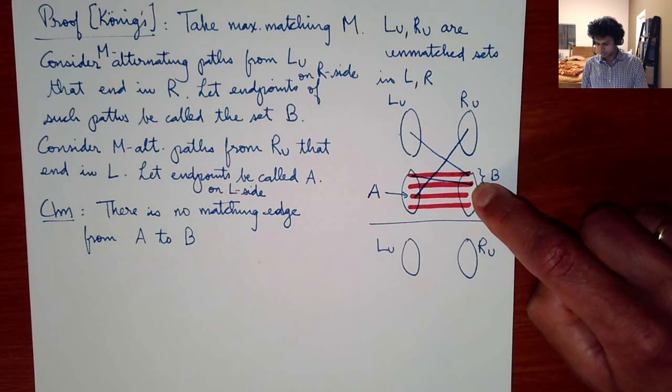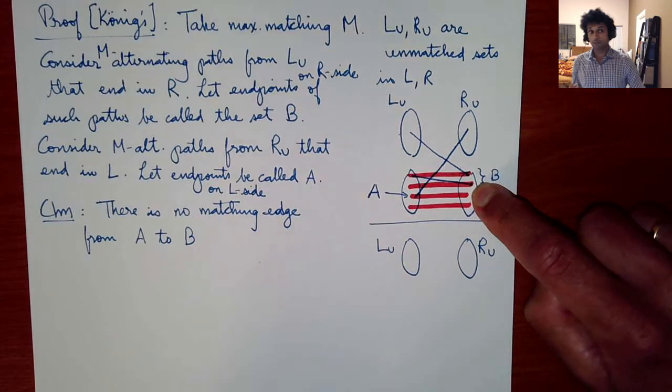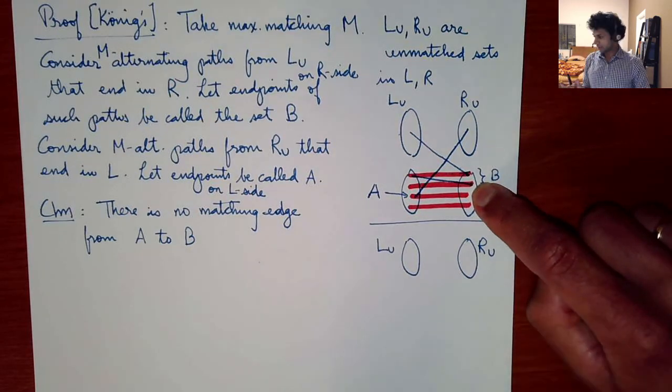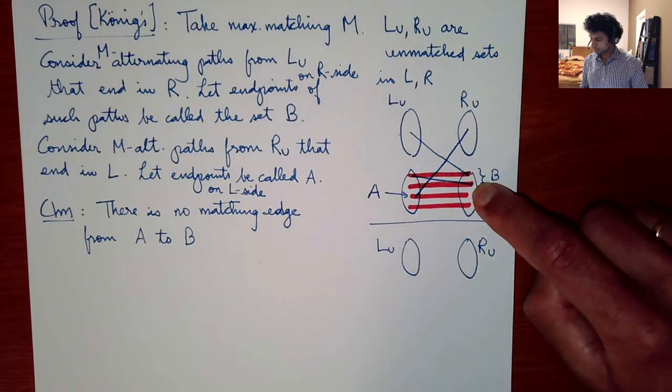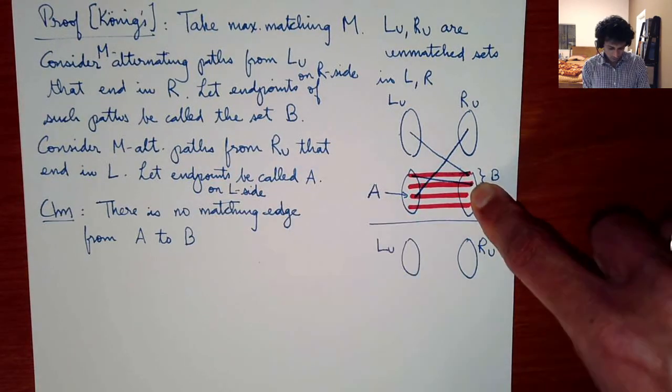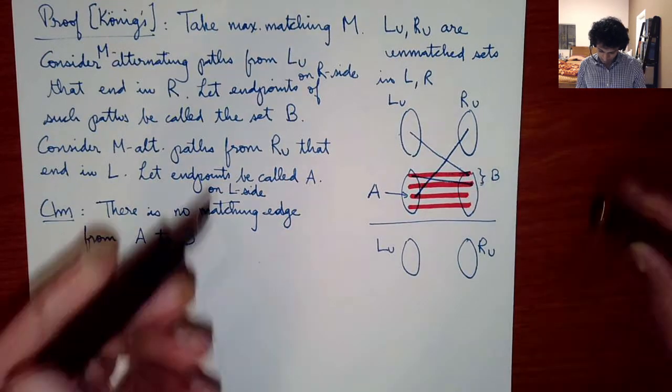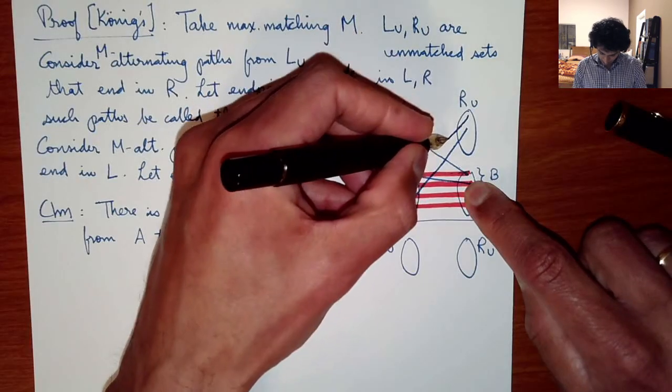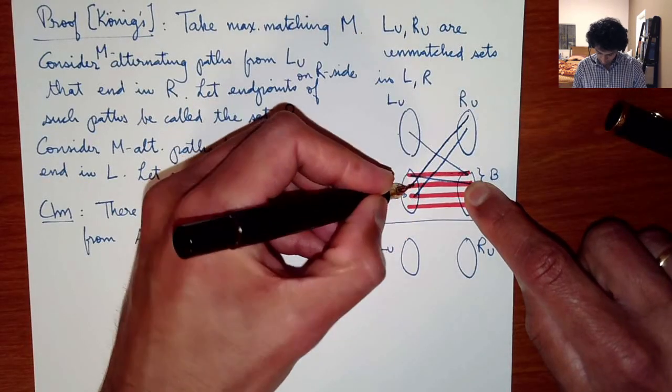I don't know how to phrase this correctly, but it wouldn't be an endpoint, it'd be part of the path. Okay, it's fine to have part of the path because a prefix of an alternating path is also an alternating path. So suppose there was an edge of this form. Let me just draw this. There was this edge over here that goes there.